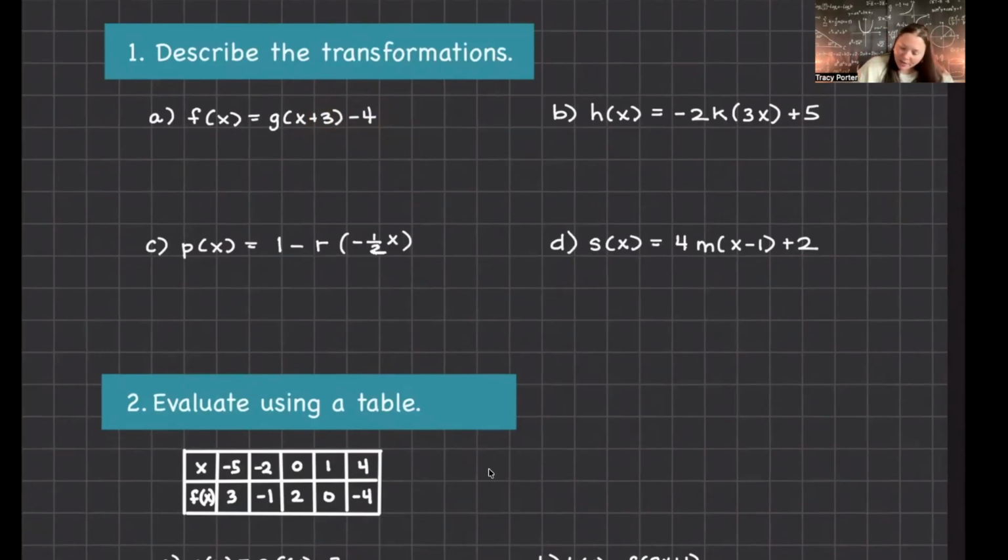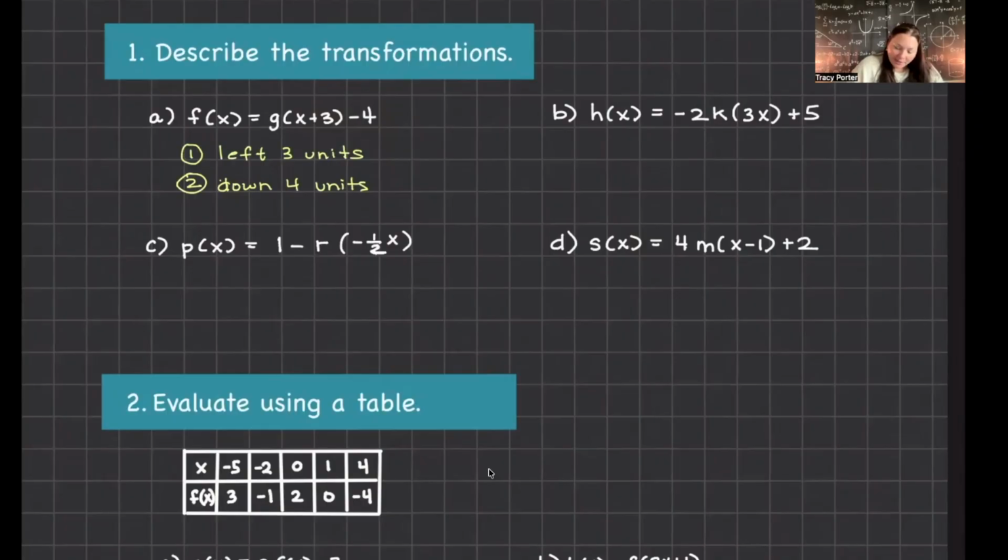So to give an answer of what is actually happening here, we're going to say the first thing is that the function g is going to shift left 3 units. And then the second thing that's going to happen is after it shifted left 3 units, it's going to go down 4 units.